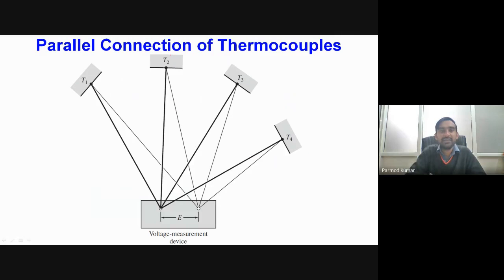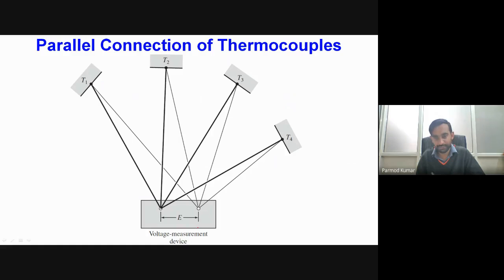Okay, then we are having parallel connection of thermocouples. So for example, you can see over here we are having four different junctions, T1, T2, T3 and T4, and parallelly we have connected the thermocouples to each of these junctions, and then we are measuring the value of the final output voltage.